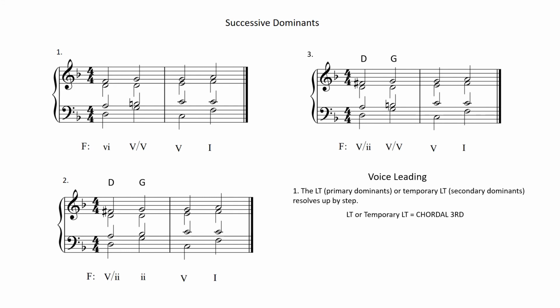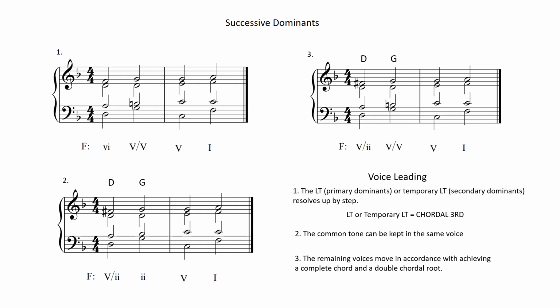And the diatonic leading tone of the primary dominant is E, and it's resolving up by step to F in the alto voice. Next, notice how the available common tones are being kept in the same voice in these particular examples. And finally, the remaining 2 voices are moving in accordance with achieving a complete chord with a doubled chordal root, which can be expected since each triad is a root position chord.